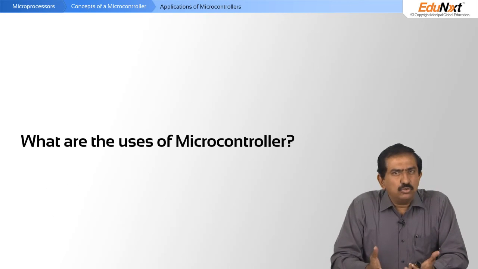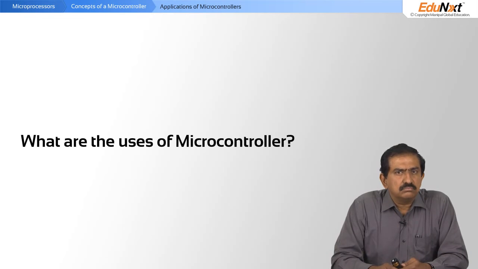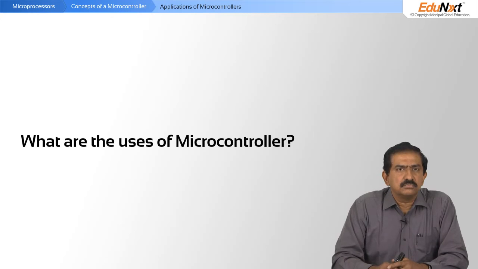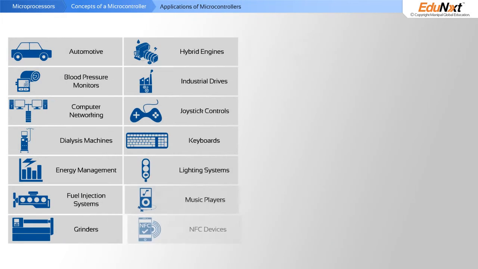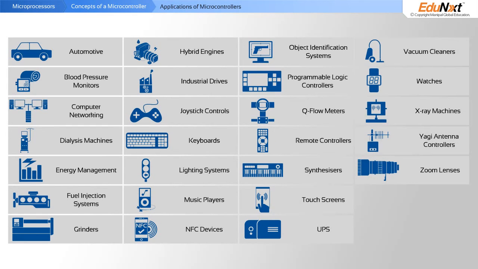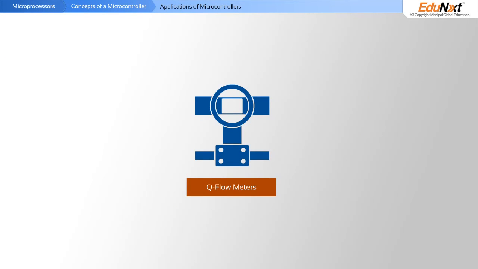So what can you use a microcontroller for? Actually, I just can't make a list. It is so big. Starting from A for automotive all the way to zoom lenses, you can have microcontrollers in between. You're talking of flow meters. They could have microcontrollers built into them.